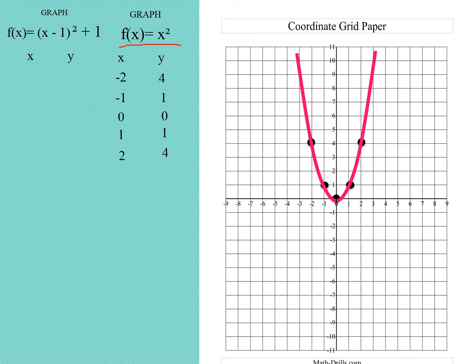Then, next, we go to our second given, which is f of x is equal to the quantity x minus 1 quantity squared plus 1. So, let x again be negative 2, negative 1, 0, positive 1, and positive 2. So, we start with our x of negative 2.